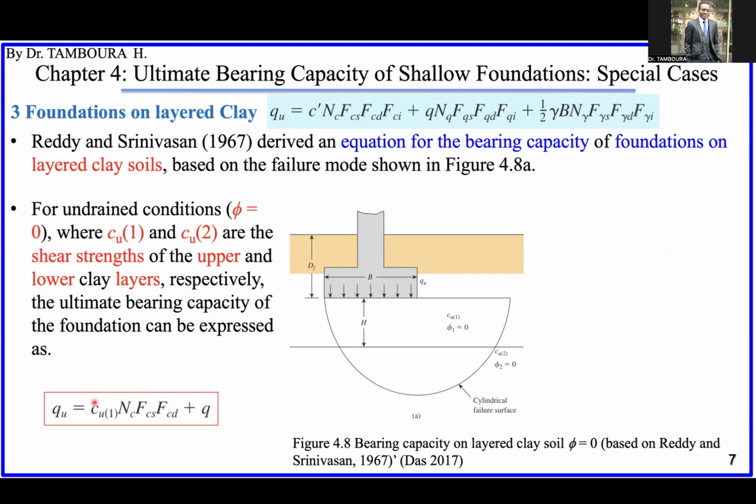What is important here is this one and this. This one we have already here: it is the undrained shear strength of the upper layer, Cu1, and Nc, Fcs, and Fcd.